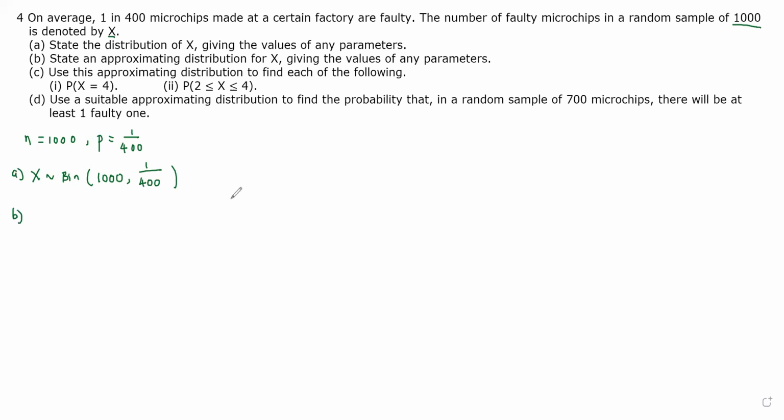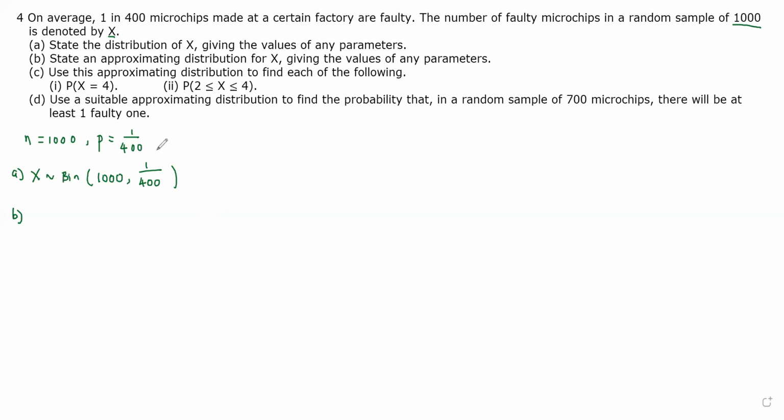Part B states an approximating distribution for X, giving the values of any parameter. Binomial can be approximated by a normal distribution or a Poisson distribution. The key is to look at n when n is large. So it can either be approximated by a Poisson distribution or a normal distribution.